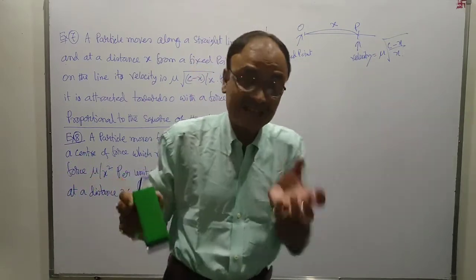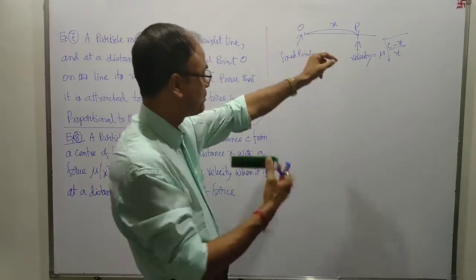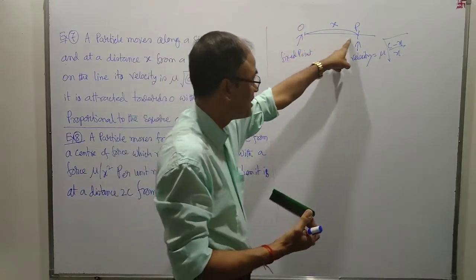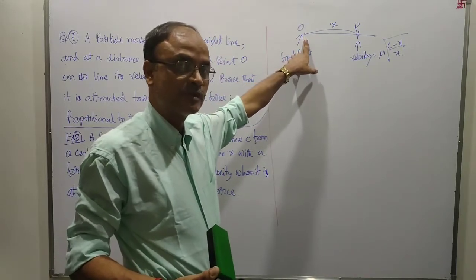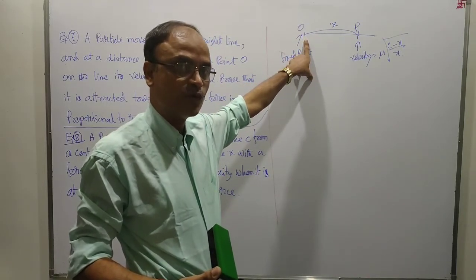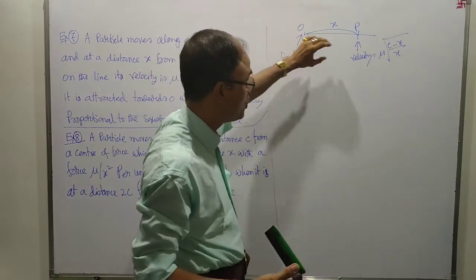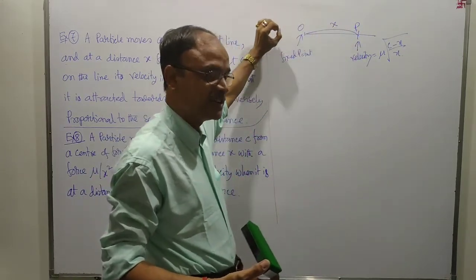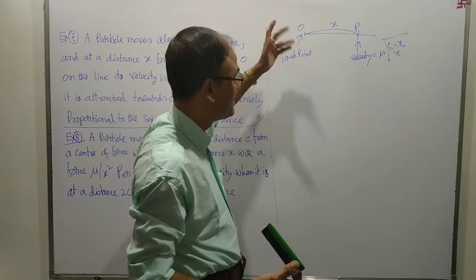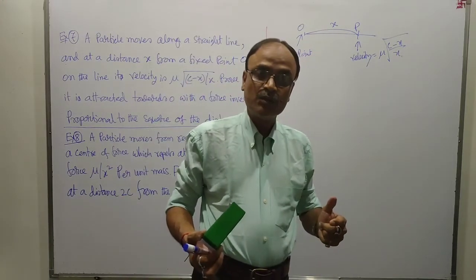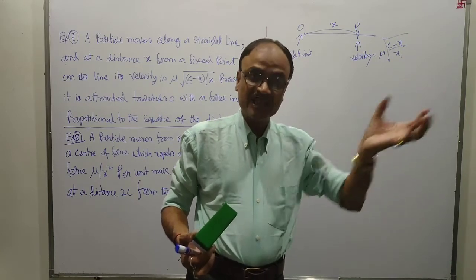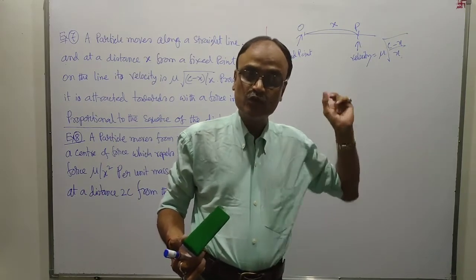This means it is attracted. We are measuring x from the point O. From the point O, the x will decrease. If x is decreased, then we will say that the particle is attracted towards the point O.